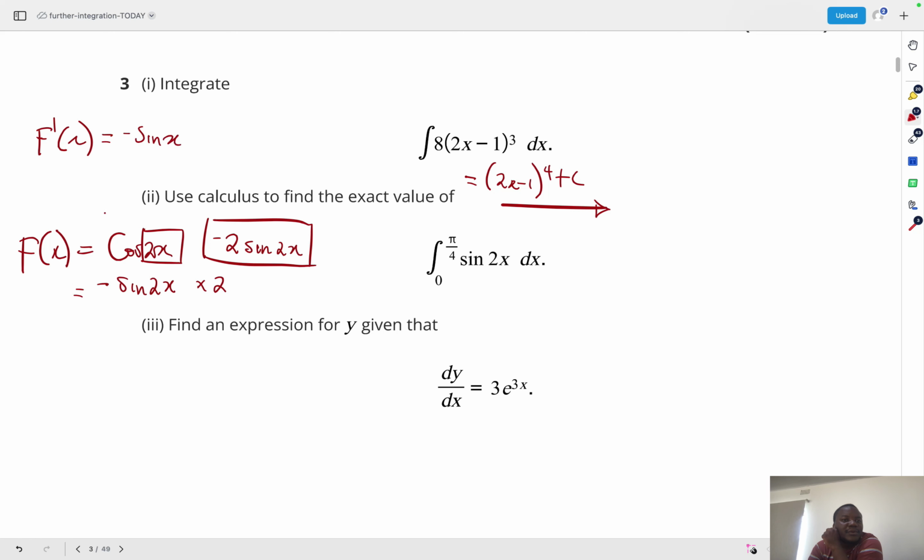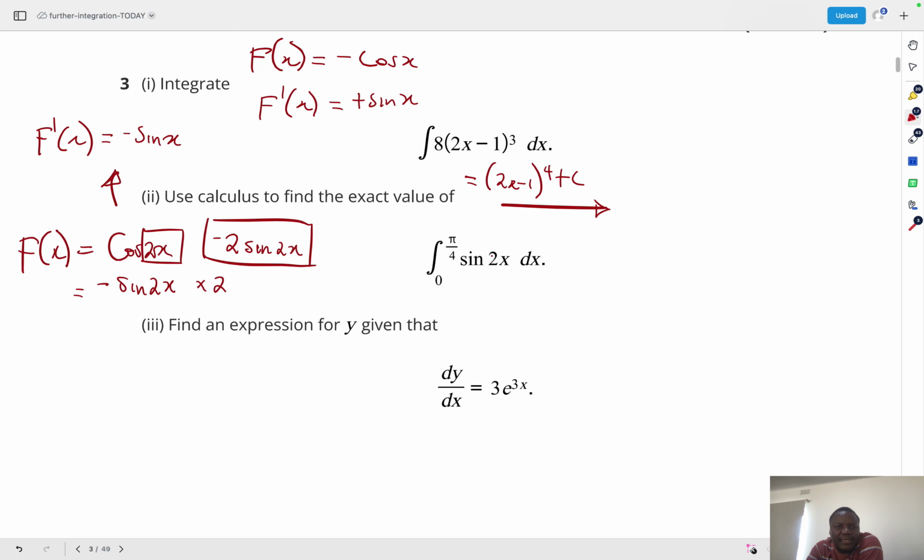Now it simply means if you have f of x equals negative cos x, what you are going to get is f prime of x being equal to positive sin x, sorry. So now if you look at these questions and that understanding, differentiating this shouldn't be a problem.